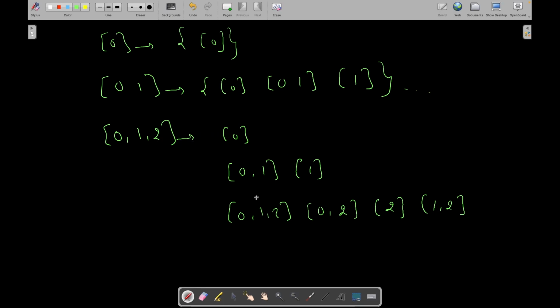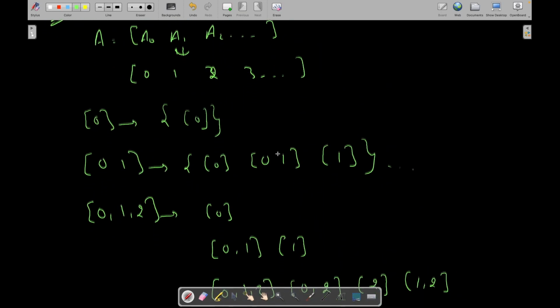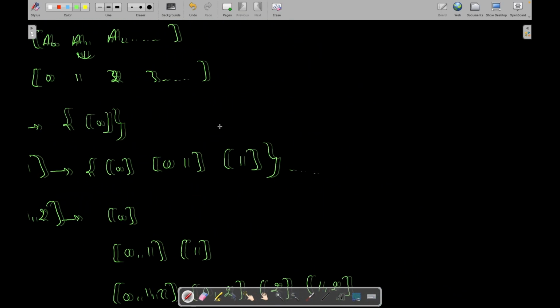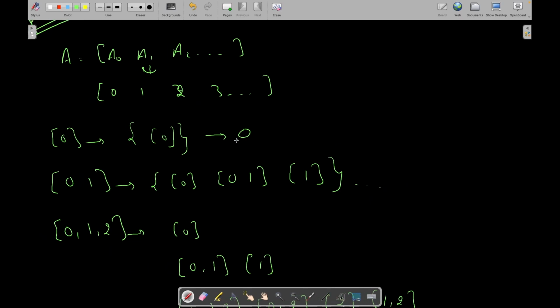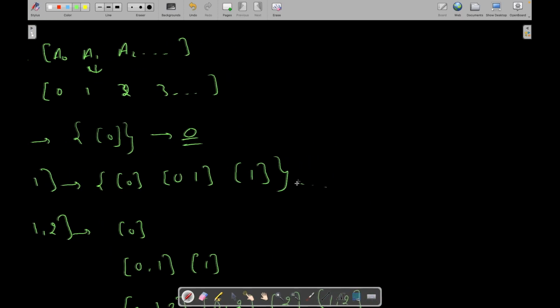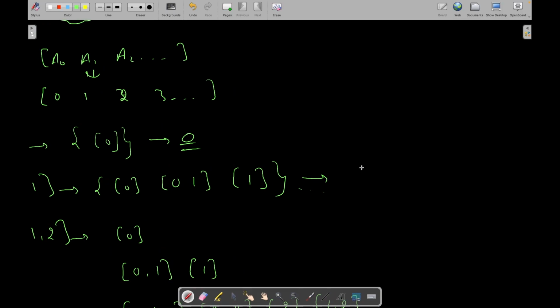And if you see what each is contributing, some of these are not contributing anything, and these three are contributing the absolute value of 0 minus 1 to the power 7 with a plus sign.